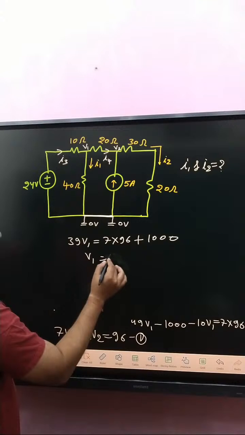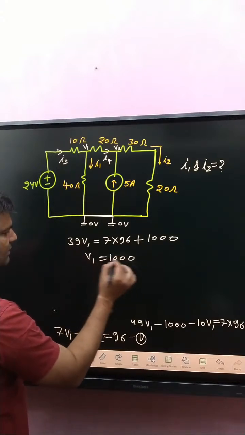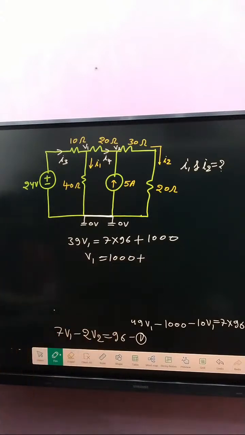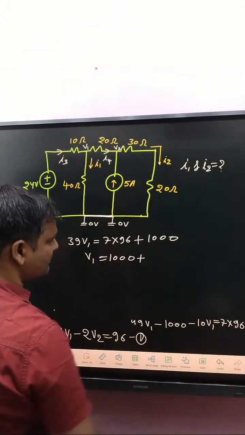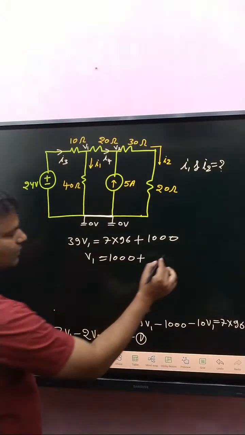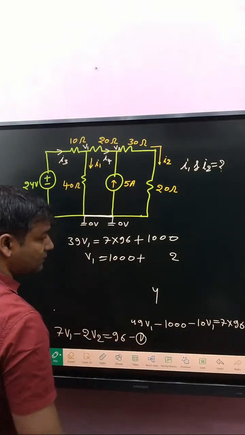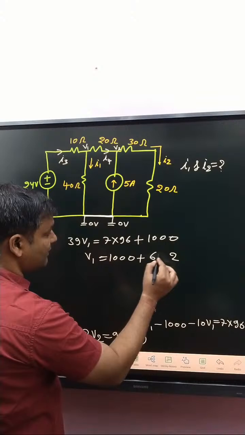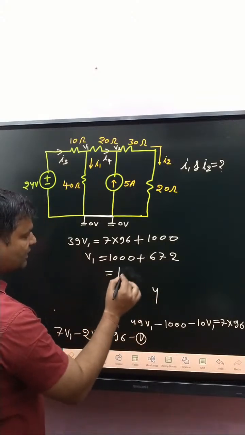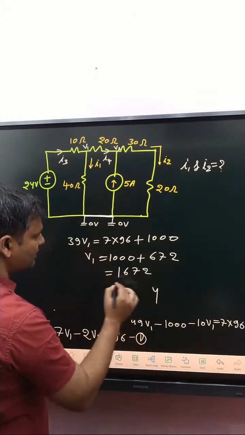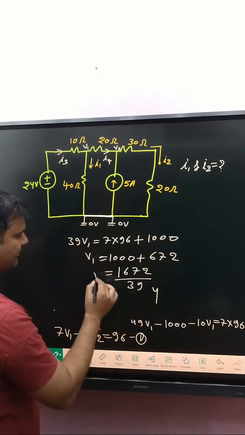So what about V1? 1000 plus 672, and that is 1672 divided by 39.